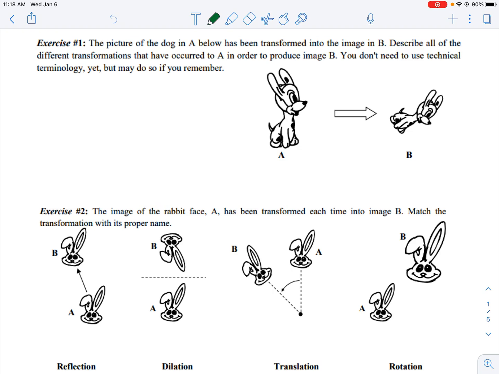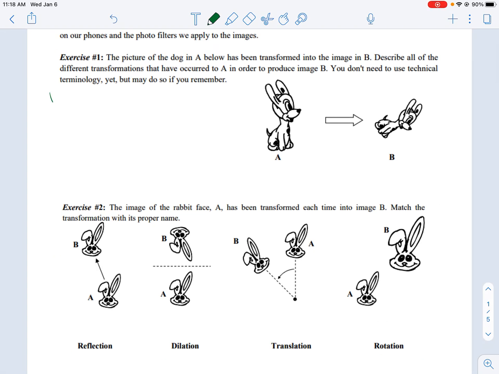Well, the first thing we could notice is that it's been rotated to the right. So there's a bit of a rotation, if you will. Also, it looks like it got smaller. The picture of the dog got smaller.